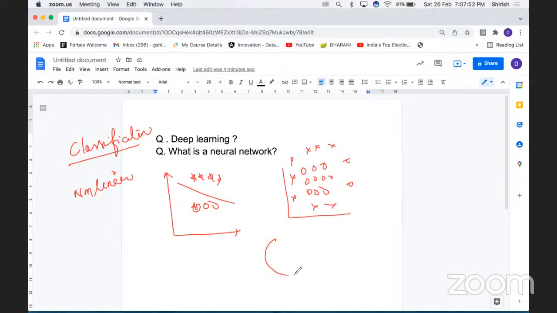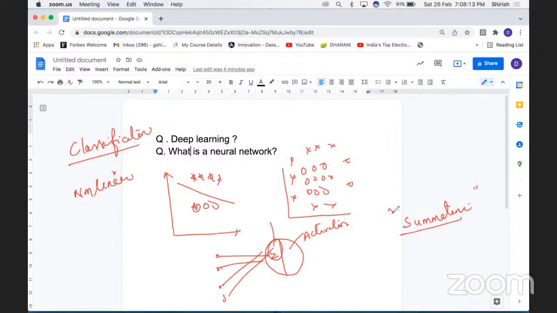When all the inputs are connected to this, the cell body has an integration function and an activation function. People tried different summation functions. Instead of sigma, they tried a quadratic, they tried a polynomial.